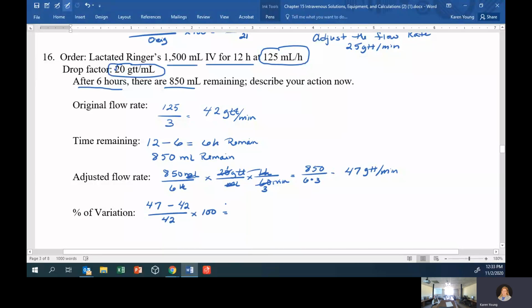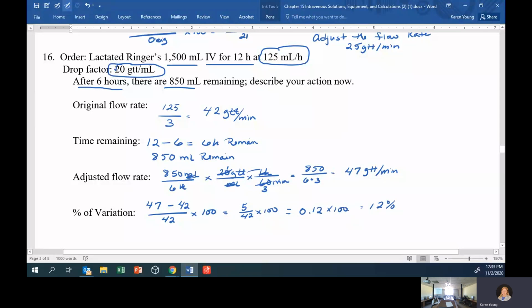So 47 minus 42 is 5, divided by 42 times 100. And that's going to equal 0.12. I had to round that one, times 100, which gives me 12%.